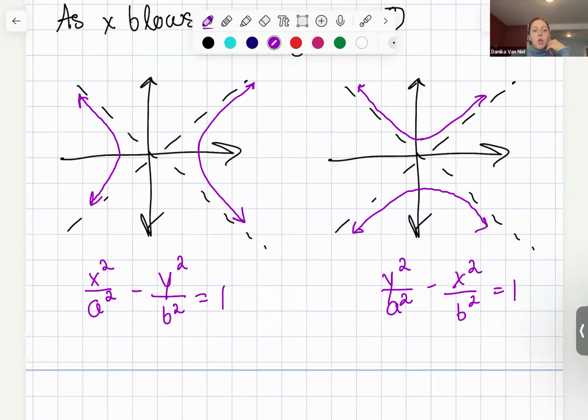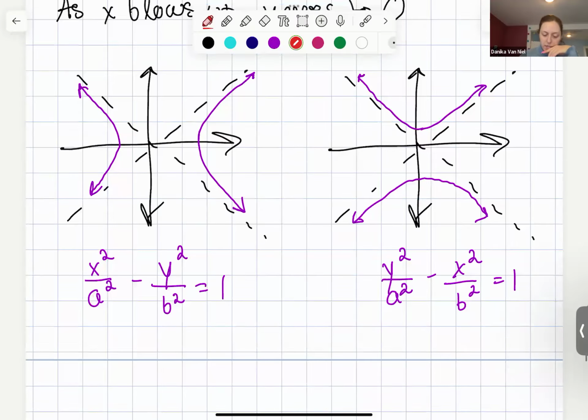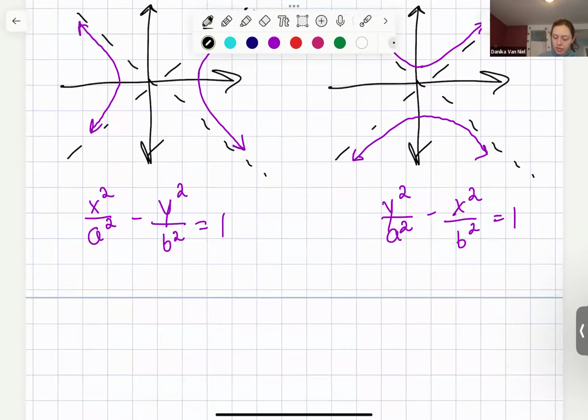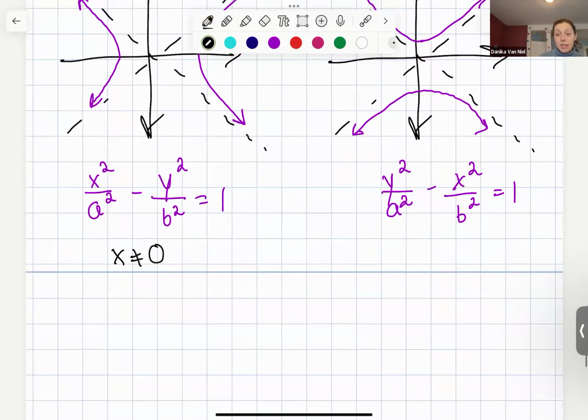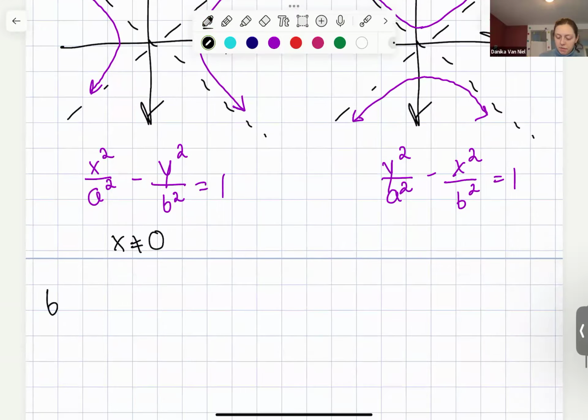So if x was 0, if this part went away, we would have negative y squared over b squared equals positive 1.